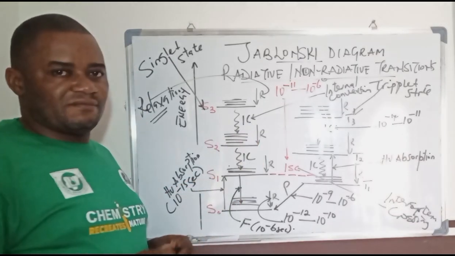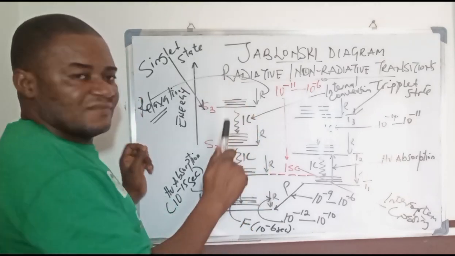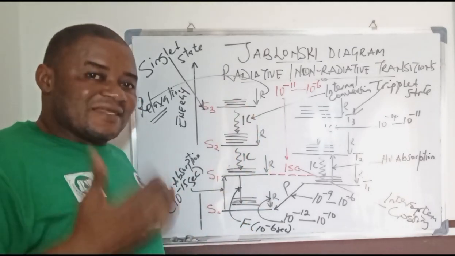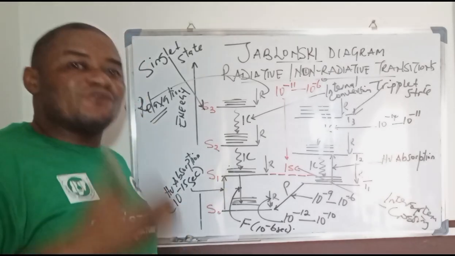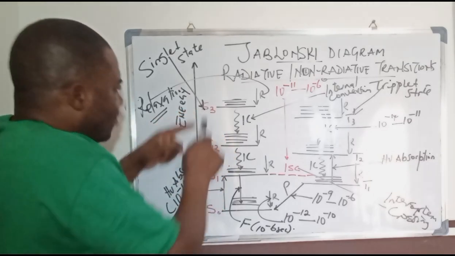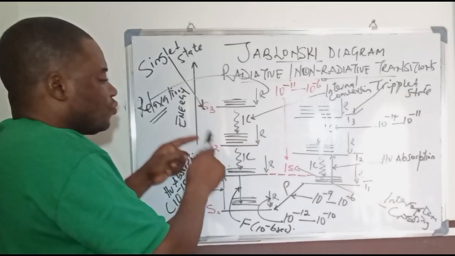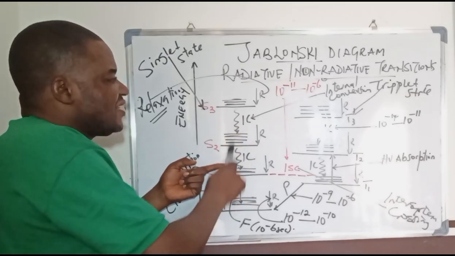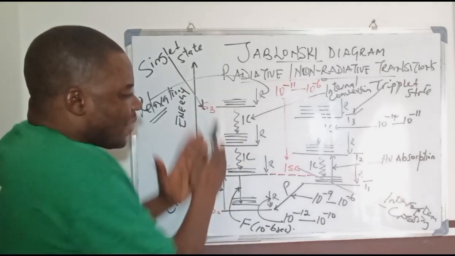Internal conversion. So at any point there is a relaxation, there is always bound to be loss in energy or loss in light radiation, and the photon or molecule is bound to fall from this energy level to another, or from 3 to 1, or even from 2 to 1. And if it falls from 3 to 1 or 2 to 1, the kind of transition you are experiencing at that point is an internal conversion. Okay, that's what happened around here.